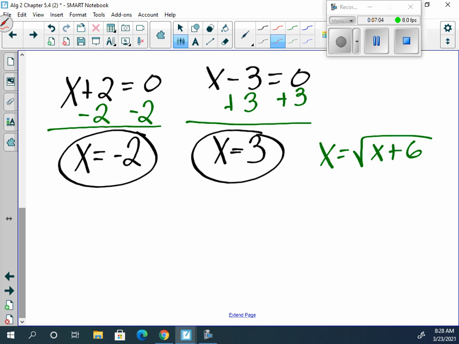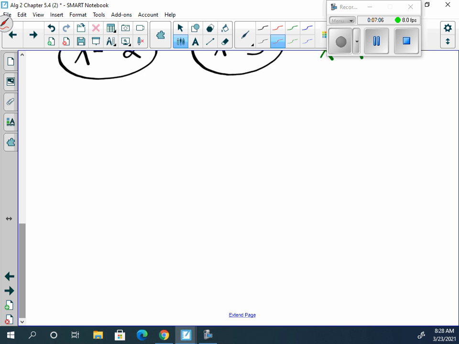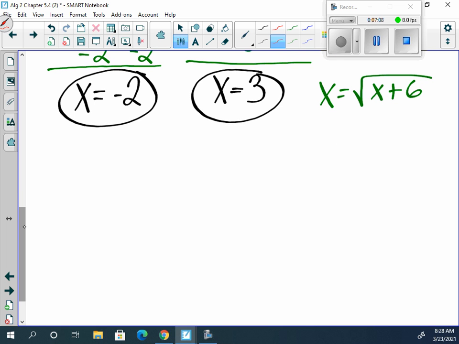I'm going to start with negative 2. Because if I plug it in for x, I'd have negative 2 is equal to the square root of negative 2 plus 6. Well, the negative 2 on the left is not going to change because there's nothing with it.